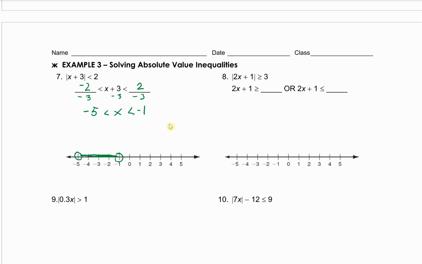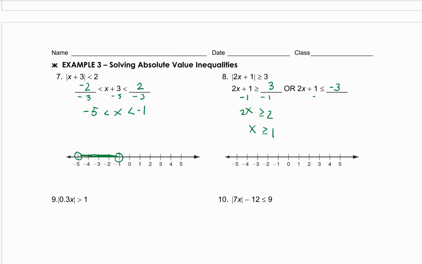Number 8 here, we have the absolute value of 2x plus 1 is greater than or equal to 3. So I'll have greater than or equal to 3, and I'll have less than or equal to negative 3. I'm going to solve each of these the same way. So I'll subtract 1. So I get 2x is greater than or equal to 2, so x is greater than or equal to 1.